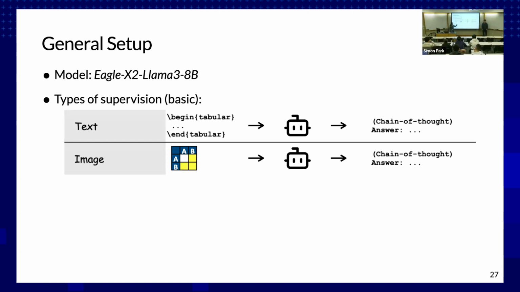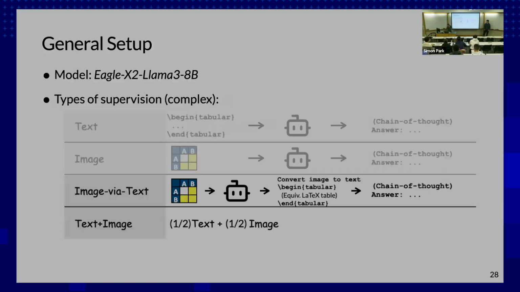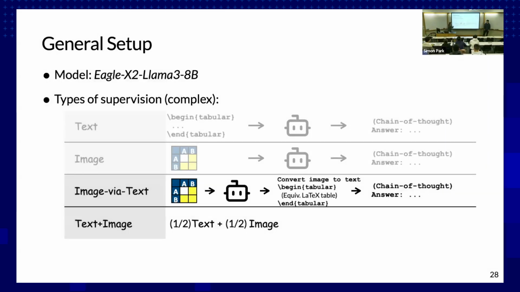Essentially, the model takes the text or image format of the inputs, performs reasoning through chain of thought, and then predicts. We want to leverage the model's reasonably good reasoning capabilities on text inputs. That's why we consider the next two types of supervision.